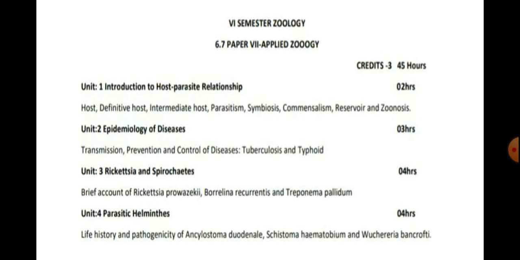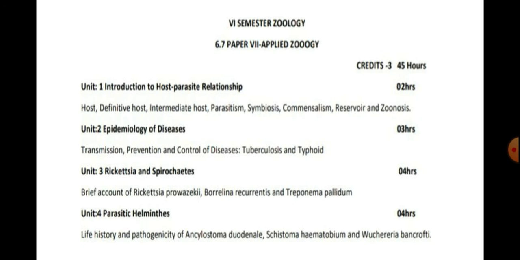What is pathogenicity? It is the ability to cause a disease. What are pathogens? Pathogens are disease causing organisms. Here you'll study the life history and pathogenicity of three helminths, three worms. First is Ancylostoma duodenale, and then Schistosoma haematobium, and then Wuchereria bancrofti.